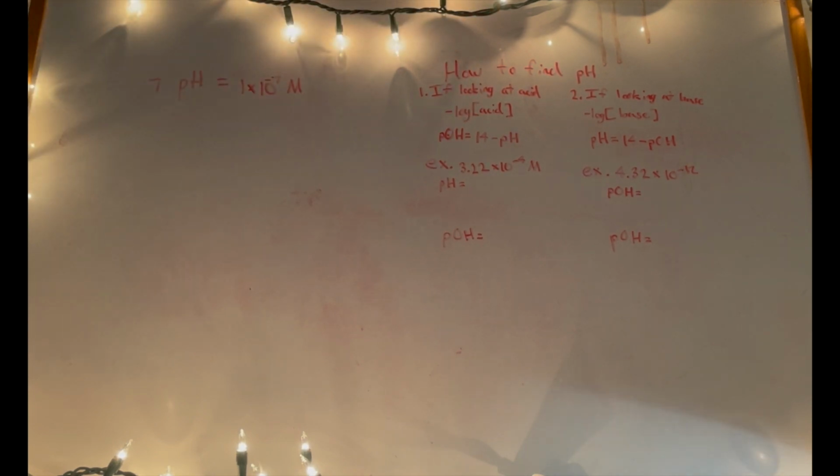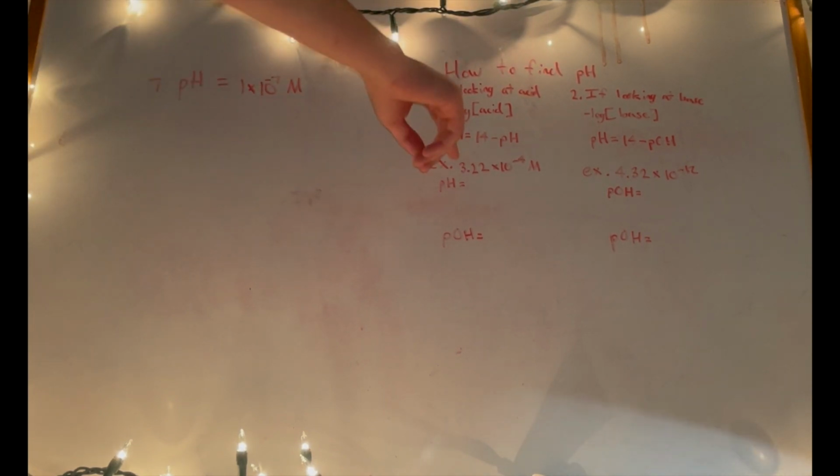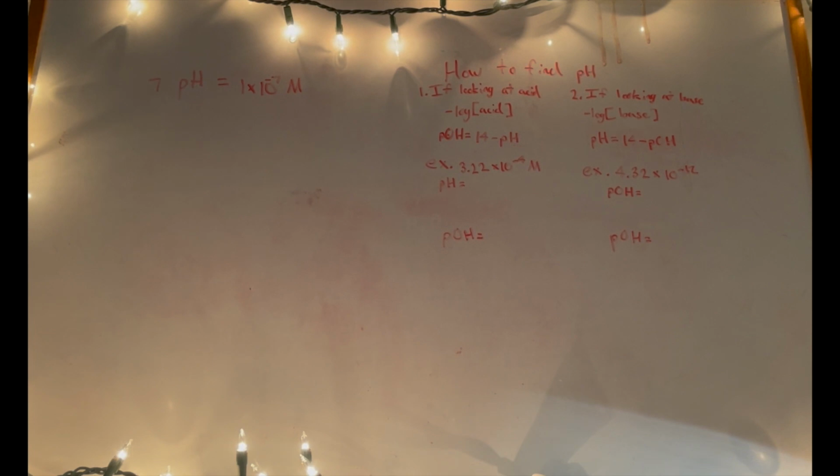And then if you'd like to find the pOH, or the concentration of base, from that, you would just subtract the pH from 14. And that would give you both the pH and the pOH. And then from there, you could find the molarity of both the acid and the base.